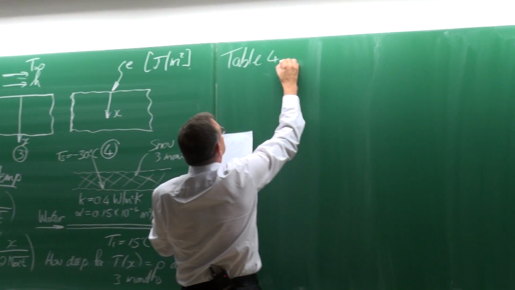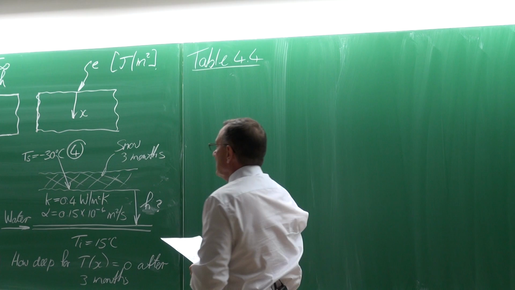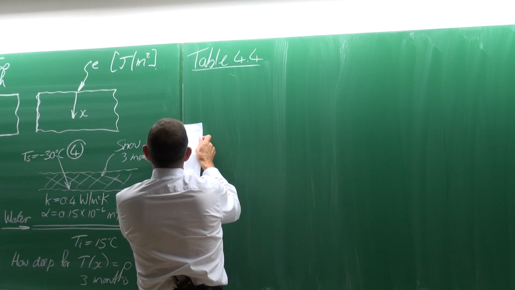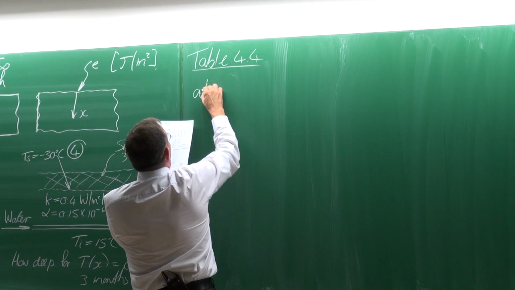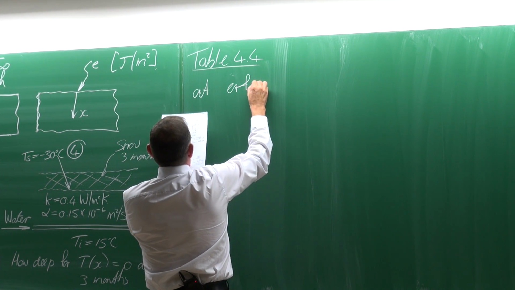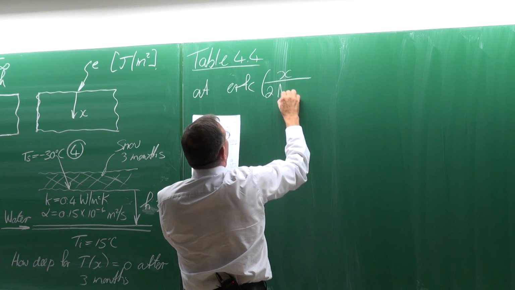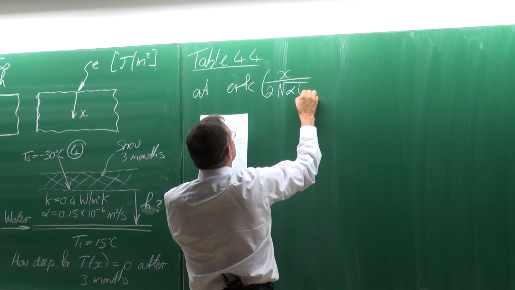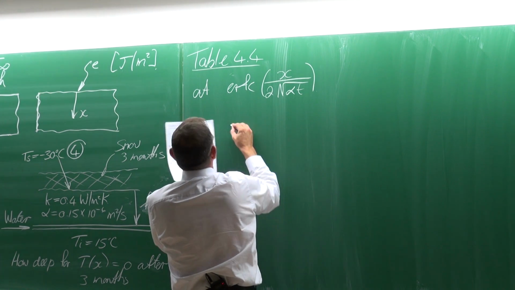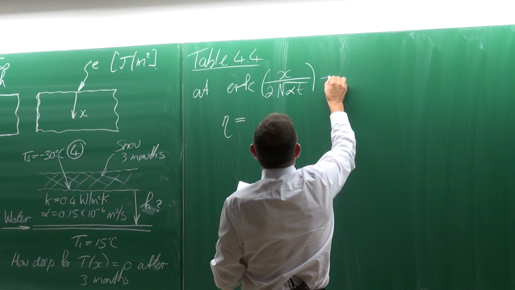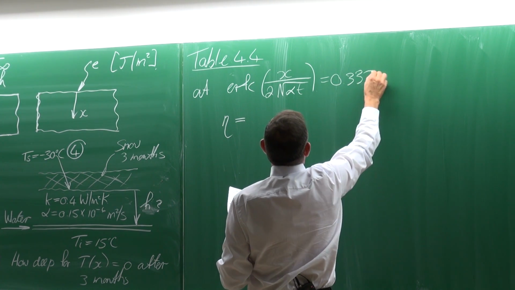If we go and look at table 4.4, it means that we want to know at what complementary error function for x divided by 2 times the square root of alpha t would that be equal to 0.333?